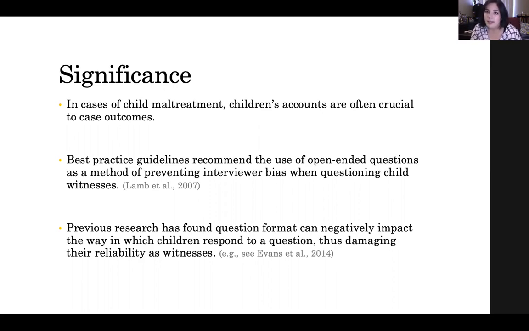Best practice guidelines recommend that we use open-ended questions when interviewing kids because they prevent introducing interviewer bias into the interview and throwing children off that way. And we also know that previous research has found that various question types can negatively impact children's accuracy and elaborativeness, therefore damaging their credibility as a witness.